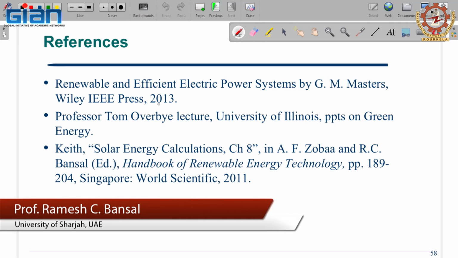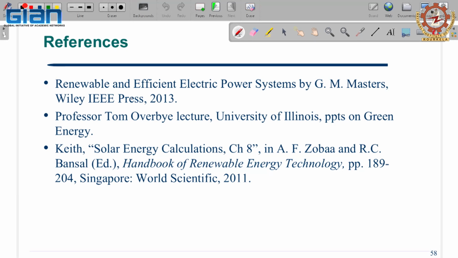This is the book I mentioned. The original version was 2003 or 2004, and this is the second, published by G. M. Masters, 2013. It's very interesting to mention: what do you think, this professor G. M. Masters is from which discipline?